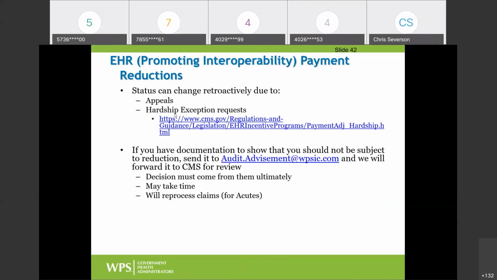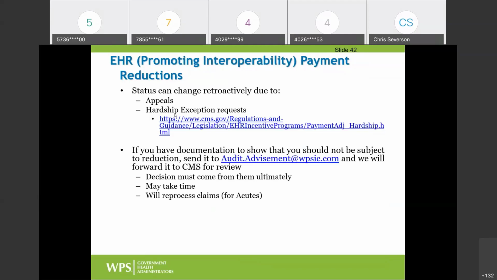But ultimately, what I wanted to point out is this is up to CMS. So if you have documentation that shows that you don't believe you should have been subject to the reduction, feel free to send it on to that email address and we can forward it to CMS for review. I will say, though, their research takes a little bit of time sometimes.